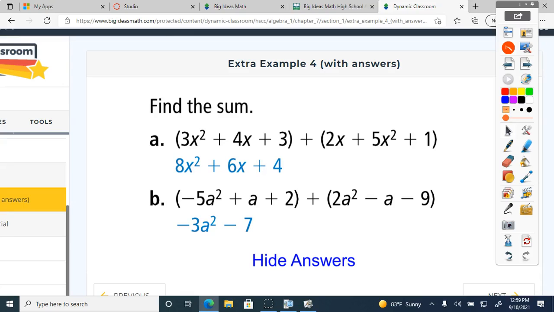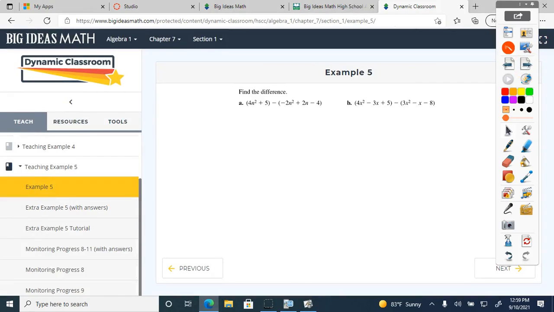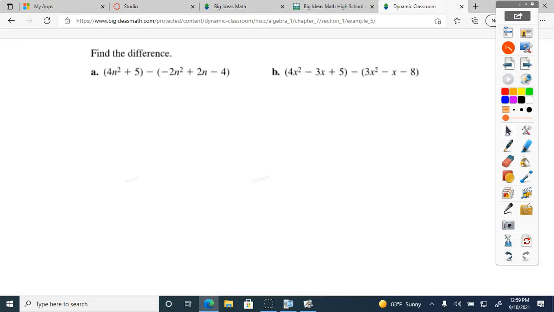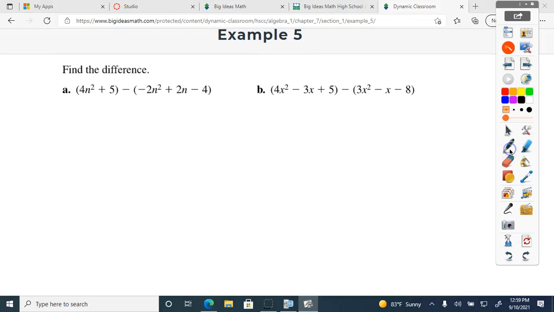All right, last one. We added. This time we're going to subtract. I highly recommend you do this like me. We just did some where we added them. Did you think that was hard? No. Okay. So what I'm going to do for the subtracting problems is I'm going to make them into adding problems.